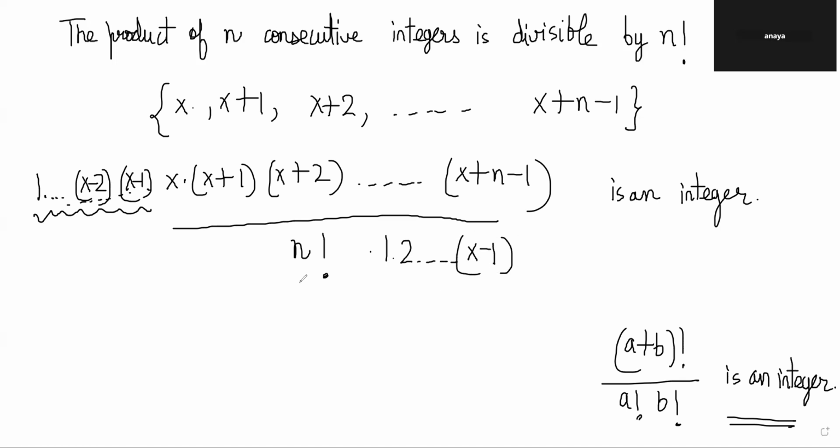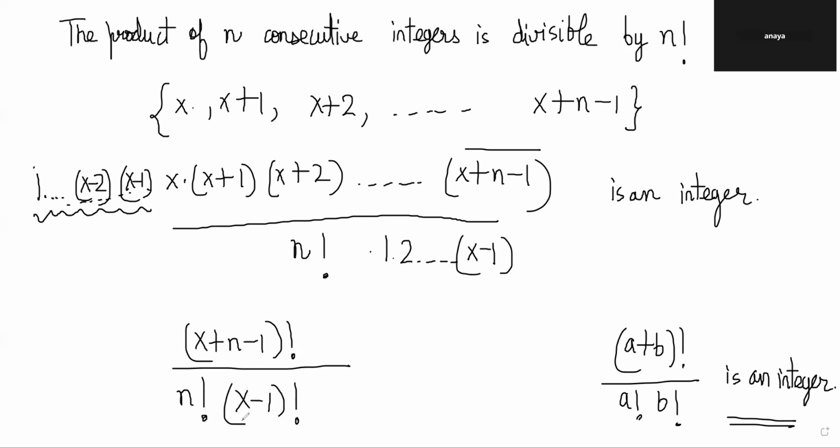And now the top is the product of everything from 1 to x plus n minus 1, which means the top part is x plus n minus 1 factorial. The denominator is n factorial and x minus 1 factorial, which is obviously an integer because it is fitting the pattern of the previous thing.